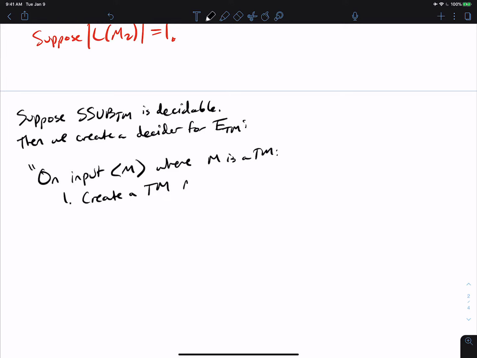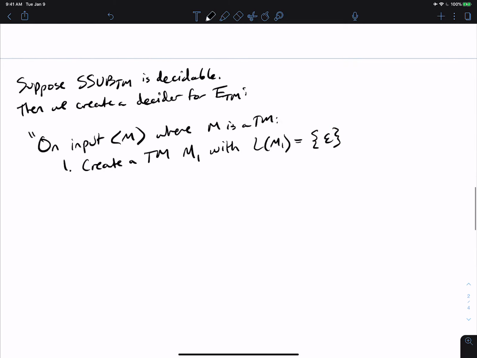I'm going to call it M1 because it'll only accept one string, with the language of M1 being just the empty string. So this tells us that there is a string in this language, which means that the language of M1 accepts exactly one string. And it's easy to make a Turing machine that does this, because we can make a DFA that does it.